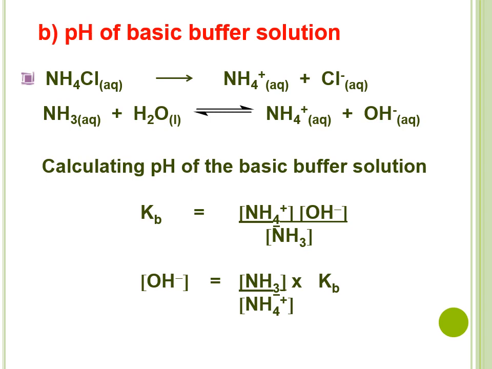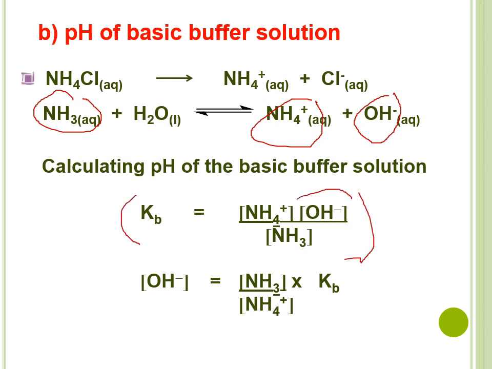So when we calculate the Kb for the second equation there, we can see NH4 plus divided by NH3 multiplied by OH minus. This is the Kb expression, and we want to know the OH minus, right? So we put it as the subject, and the Henderson-Hasselbalch equation becomes like this.